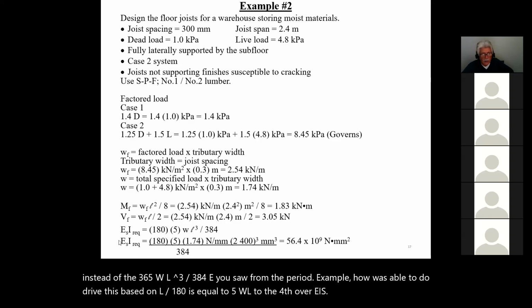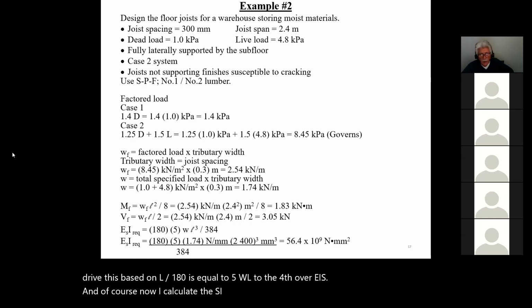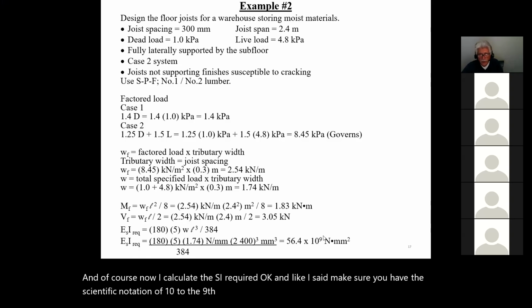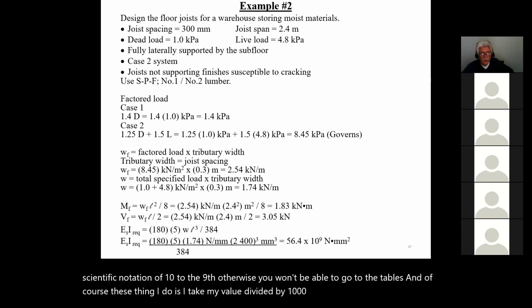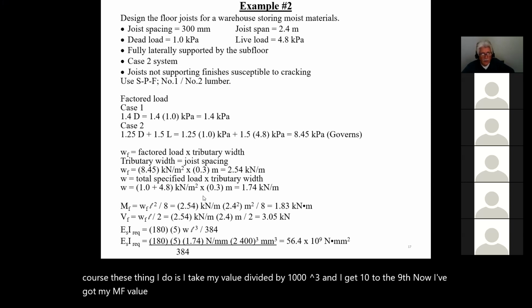Now I calculate the EI required. Make sure you have the scientific notation of 10 to the 9th, otherwise you won't be able to go to the tables. The easiest thing is to take my value divided by 1000 cubed, and I get 10 to the 9th. Now I've got my MF value, my VF value, and my EI.